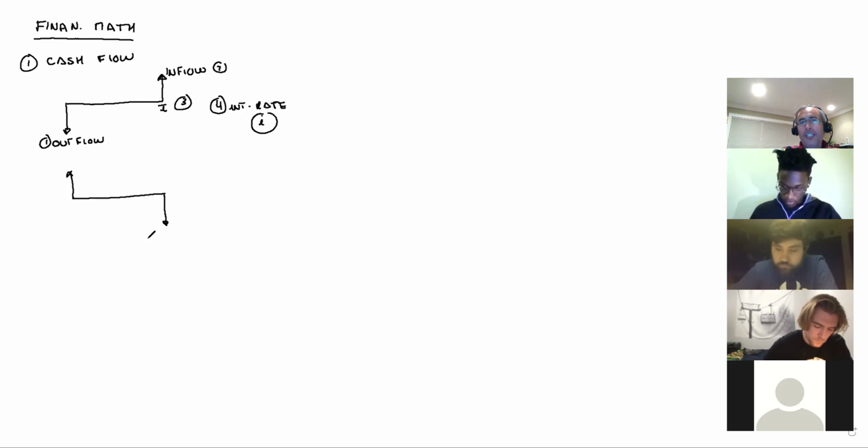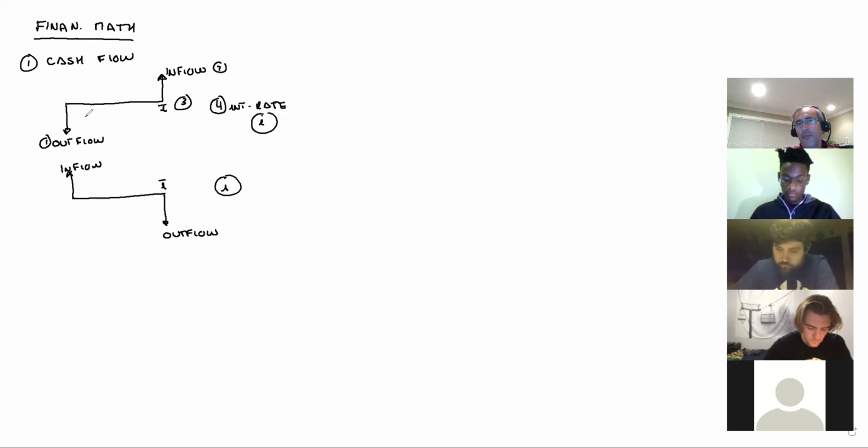The same happens here, but in the opposite way. I have my inflow first, then I have an outflow, then I have time, and of course, I also have an interest rate. Now, the names of these cash flows differ.